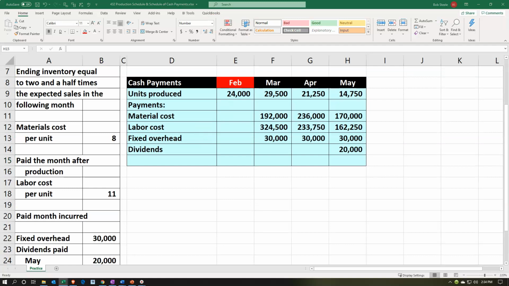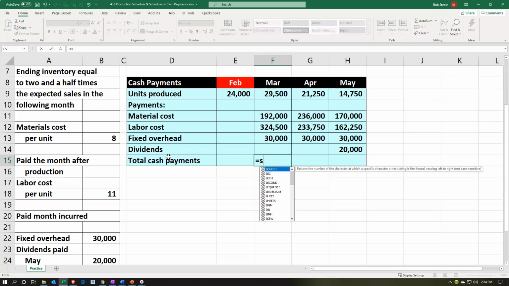So we're going to have our total outflow in terms of the payments down here. We're going to sum this up in the period that we're focusing on, March, April, and May, using the old sum function: equals SUM, Shift 9, up arrow once. Notice I'm going to pick up the blank cell here because I want to autofill it across. I'm not just going to add these 3 cells, but these 4 cells.